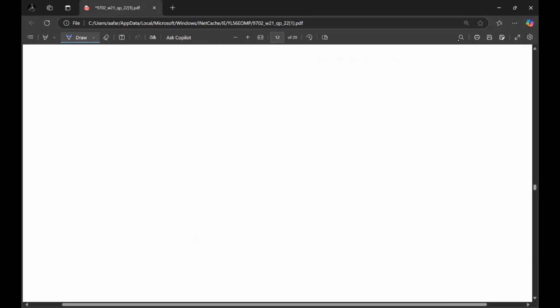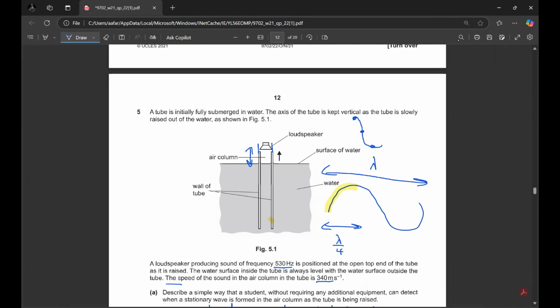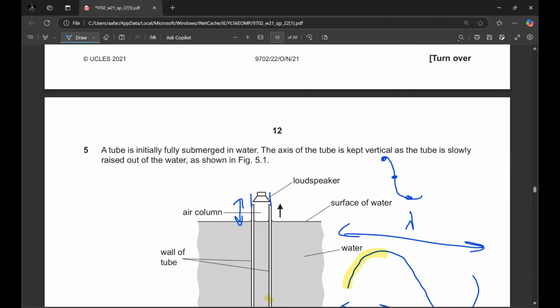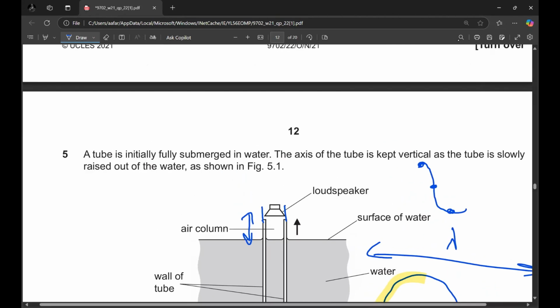So basically, we know that there is always an antinode at the source, and there's a node at the reflection point. The first stationary wave will look like this, right? This and this.